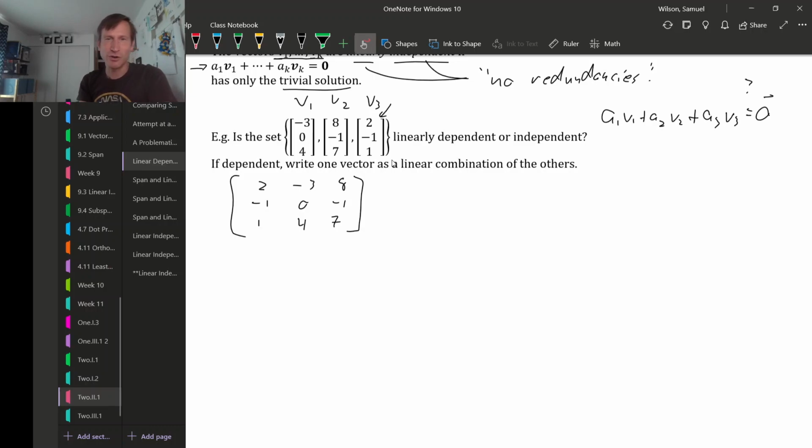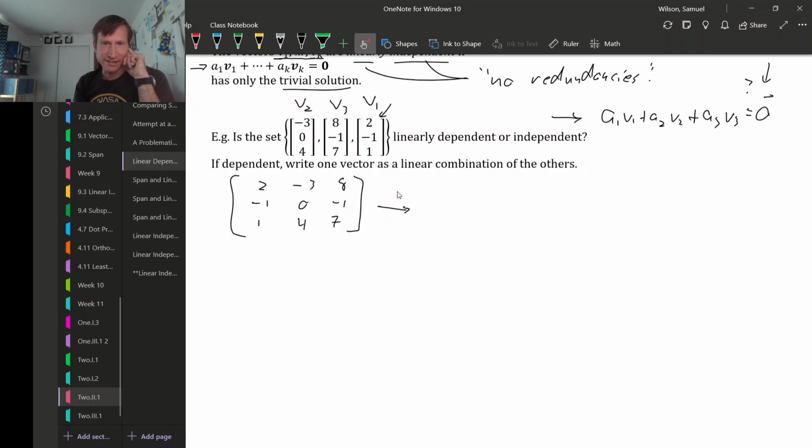So I've changed the order: this one is v1, this one second is v2, and this one third. Since we're solving a homogeneous system, we don't need to augment the matrix to keep track of the right-hand side, because the right-hand side is 0. So, now let's row reduce.